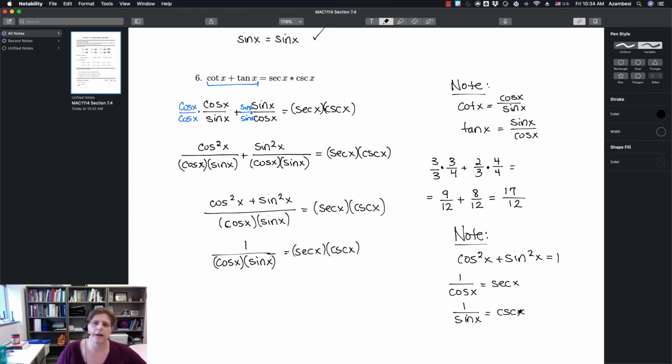All right, so technically if you're trying to turn this left-hand side into the right-hand side, you really should break it into two fractions first. So really this left-hand side is 1 over cosine of x times 1 over sine of x, because 1 times 1 gives me 1 for the top.